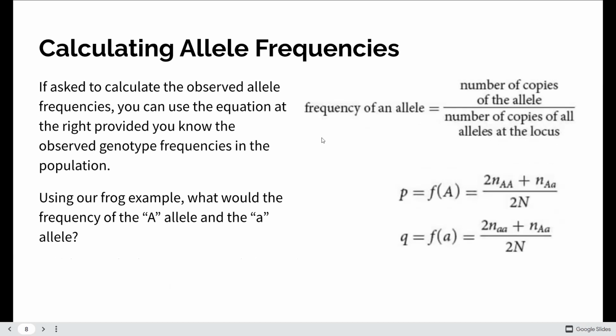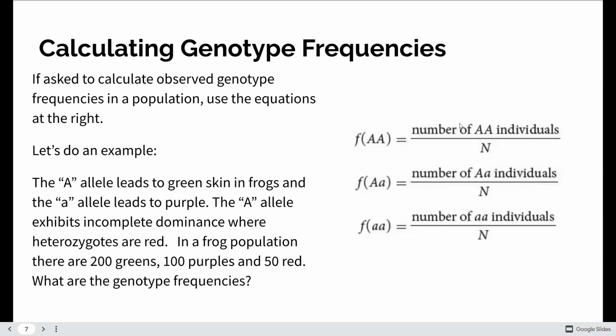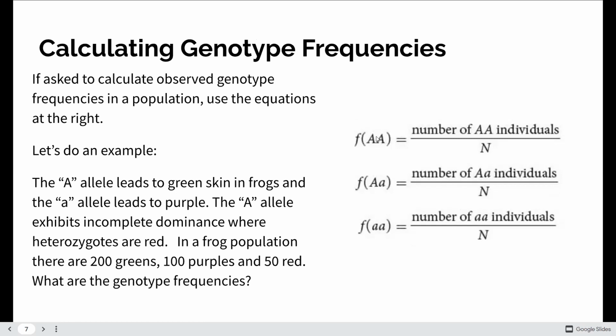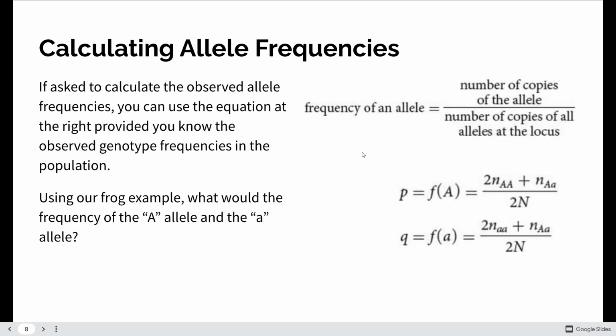So we can categorize all the individuals who have, for example, the homozygous dominant genotype. All of the individuals with the homozygous dominant genotype divided by all the individuals in the population is the frequency of the homozygous dominant genotype. The same holds true for heterozygous and homozygous recessive individuals. So this is how you'd find a genotype frequency. A little bit more tricky is calculating the frequency of alleles for these different genotypes that exist within our population. Assuming genotypes that are made up of 2 alleles, because there are different dominances according to Mendelian genetics, we have to add these up in particular ways.